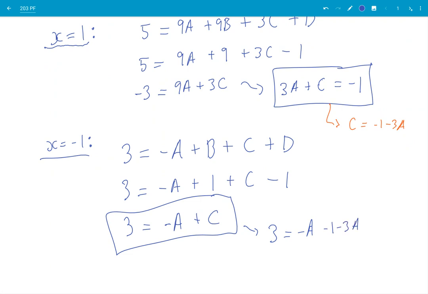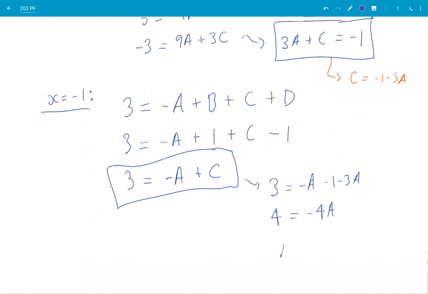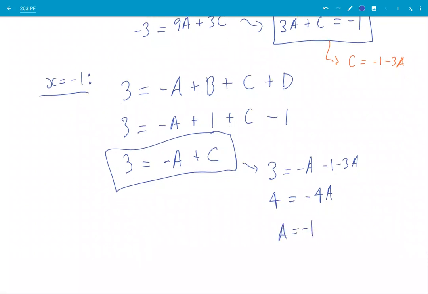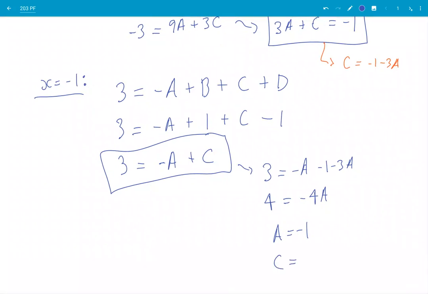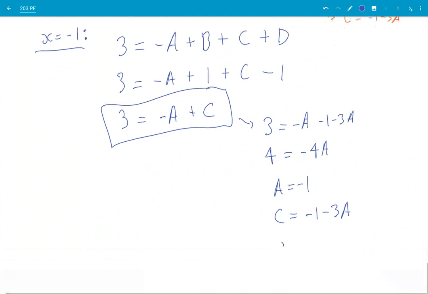And what do I get? I get 4 is equal to minus 4a, and that seems nice. A is minus 1. And C is equal to minus 1 minus 3a, so C is equal to 2.